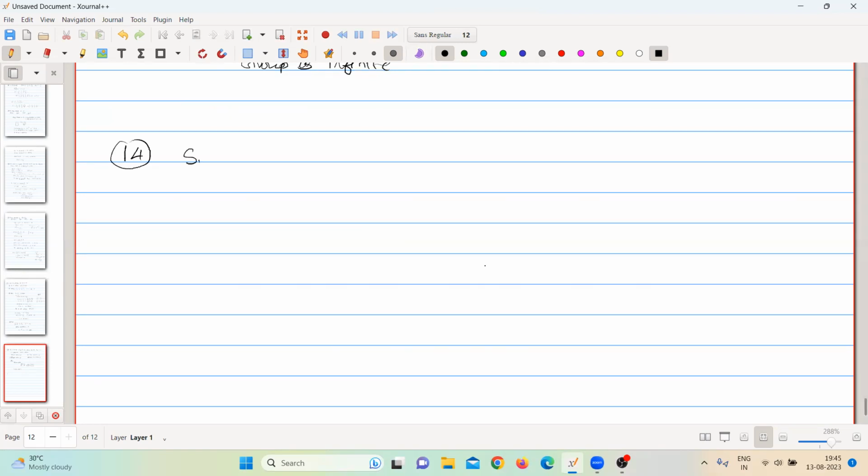I'm taking Sn. Here also I need to check whether it is finite or infinite, abelian or non-abelian. Let us take n greater than or equal to 3. First of all, whether Sn is abelian, we have already done the question. For n greater than or equal to 3, is Sn abelian?